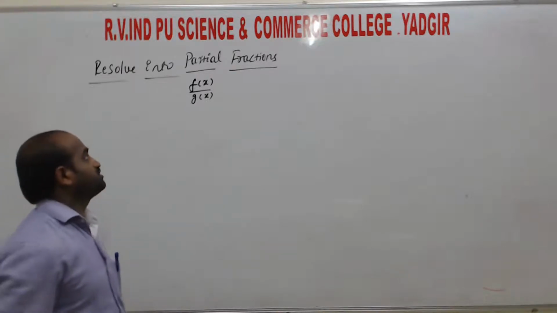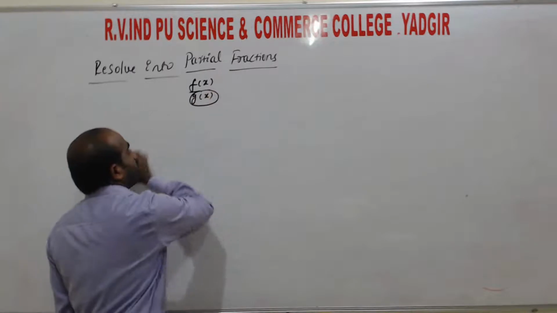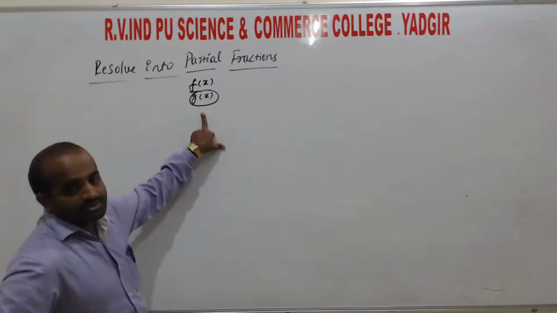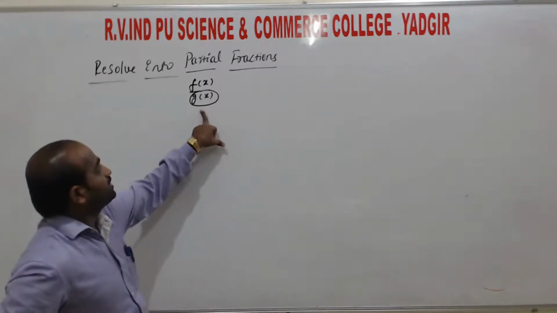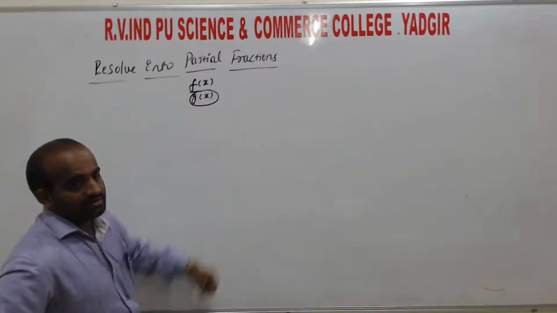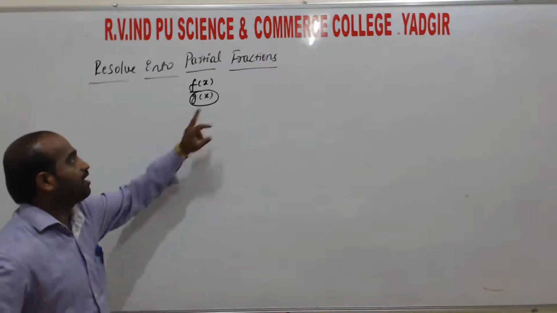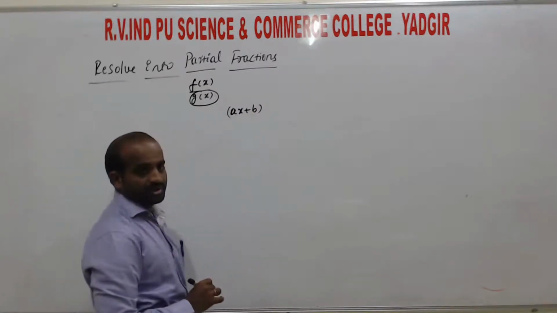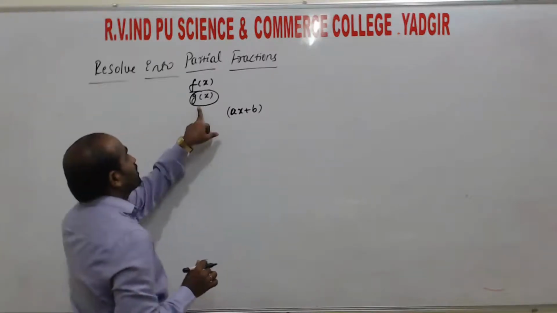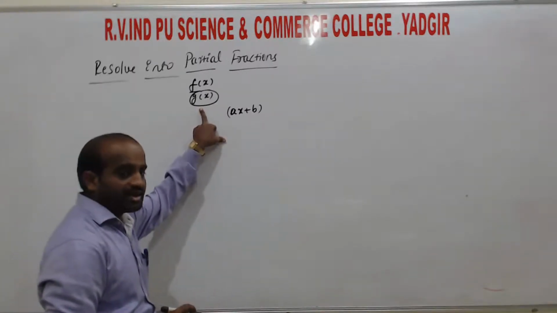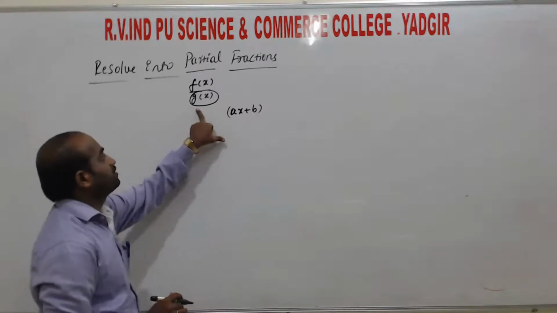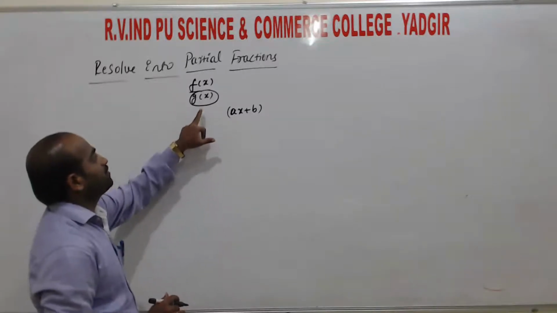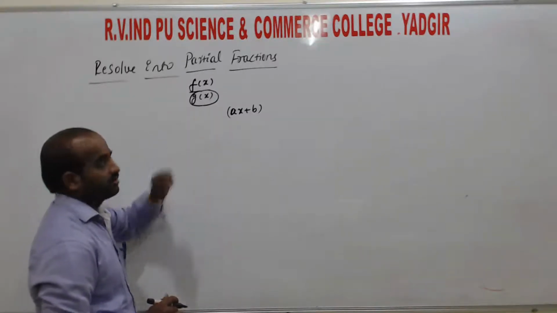The denominator g of x can be factorized in terms of factors of the form ax plus b. The denominator can be factorized in terms of the factors of g of x.